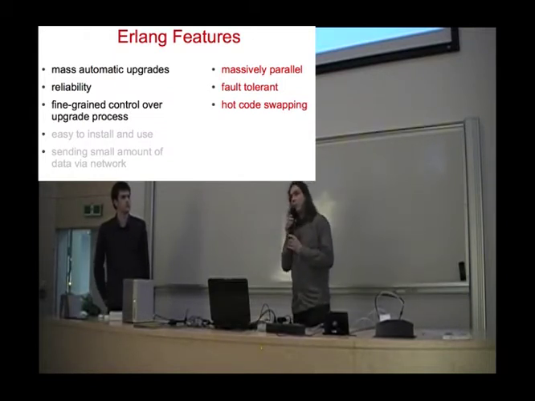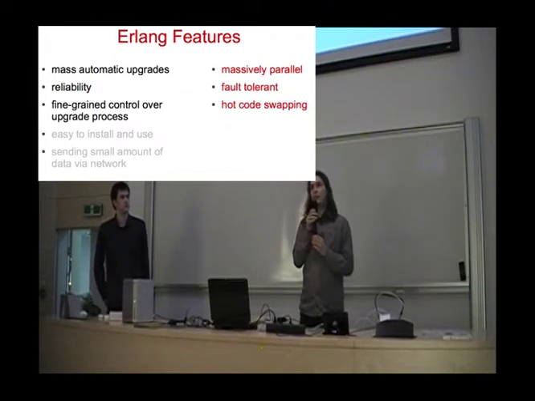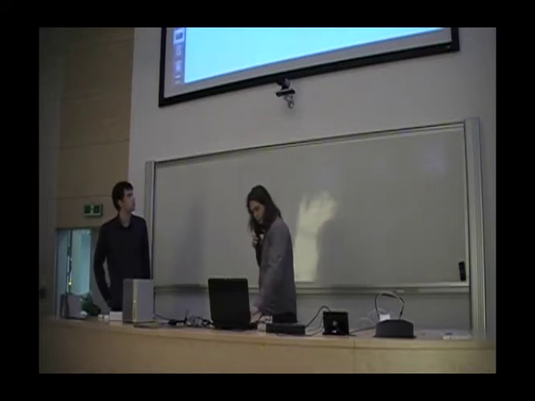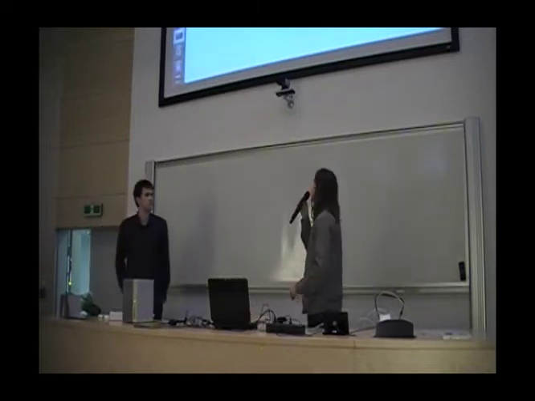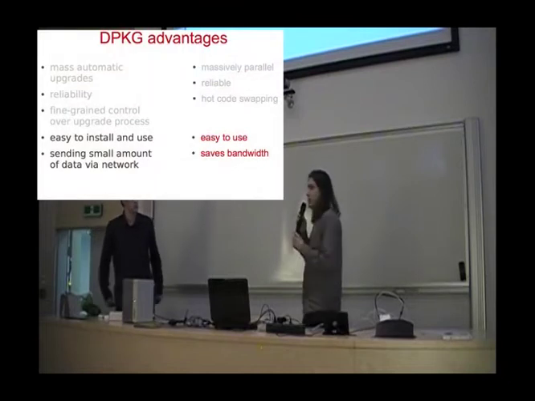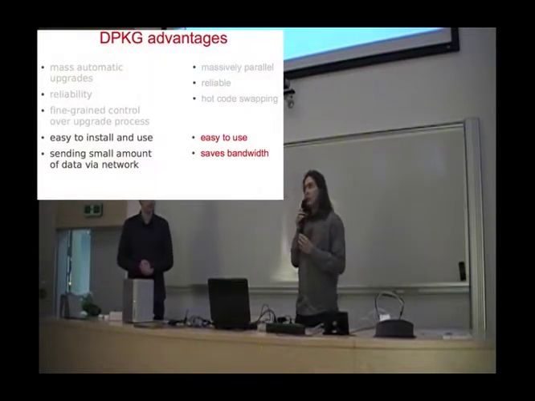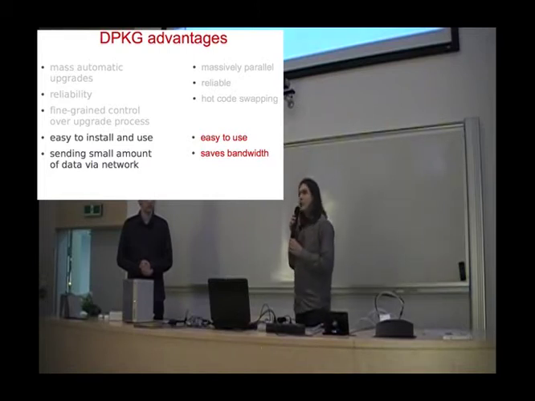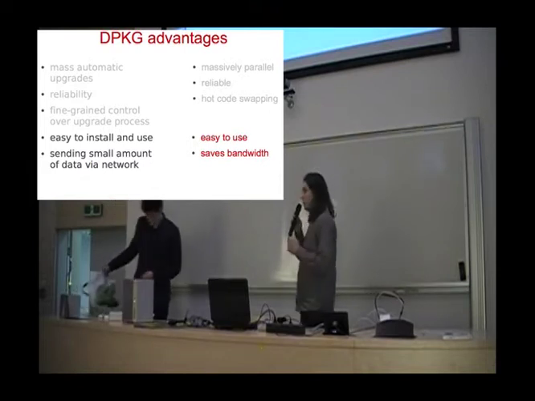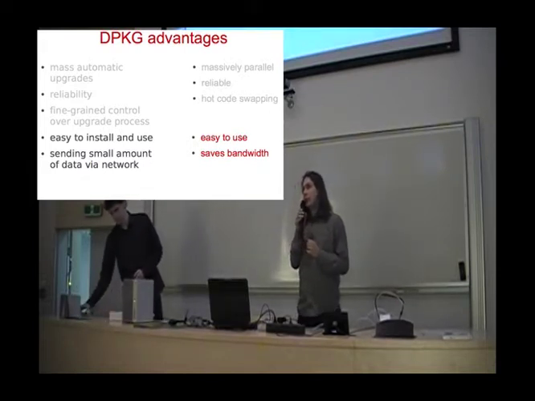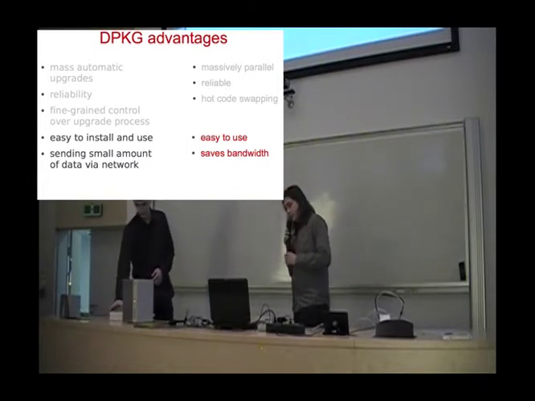And it gives us hot code swapping, so we can update software on our devices without stopping it and without losing its state. We also integrated it with Package Manager because it's very easy to use. Every software administrator used DPKG or some other package manager before. And it also helps us save some bandwidth, which we'll talk about in detail in a moment.